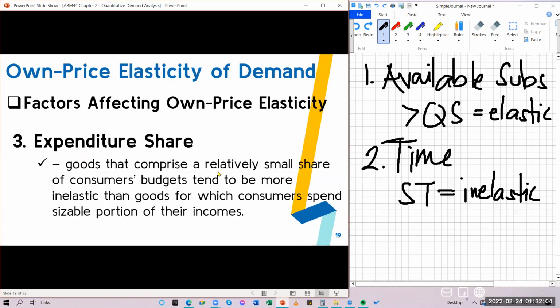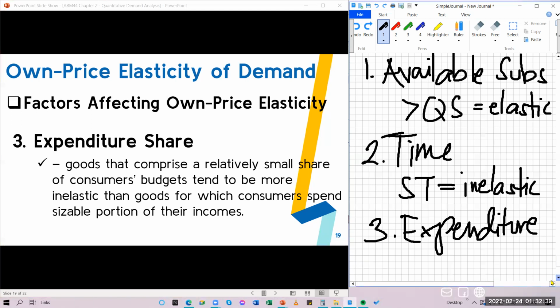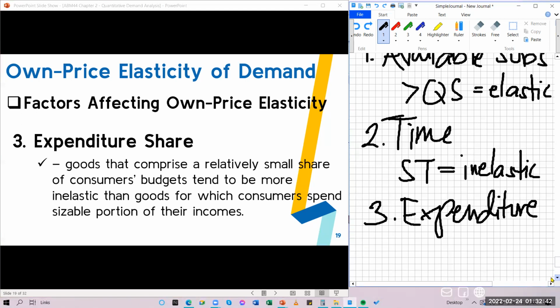Next, we have expenditure share. Goods that comprise a relatively small share of consumers' budget tend to be more inelastic than goods for which consumers spend a sizable portion of their income. Expenditure share is based on how much of your expenses you allocate to goods or other commodities.